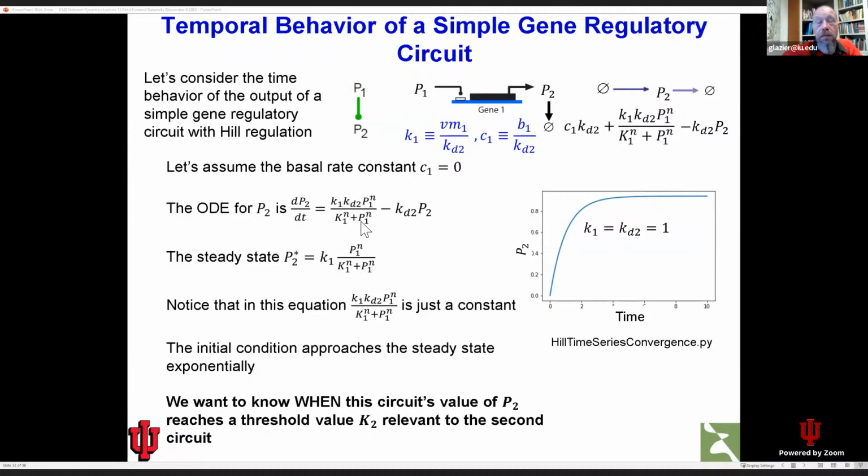So this looks complicated, but it's just a number, just a constant. And so this differential equation is dP2/dt is equal to a constant minus KD2 P2. In other words, it's an exponential. So this may look complicated, but it is just exponential relaxation of P2 to the fixed point.